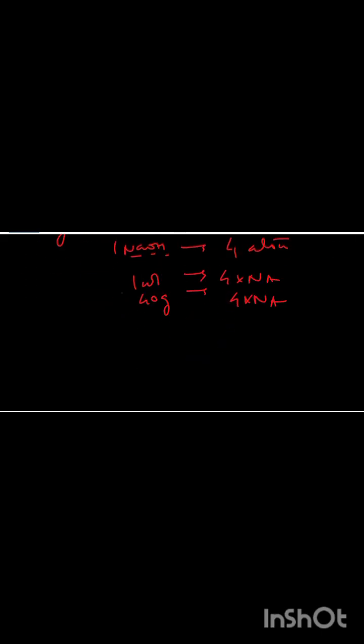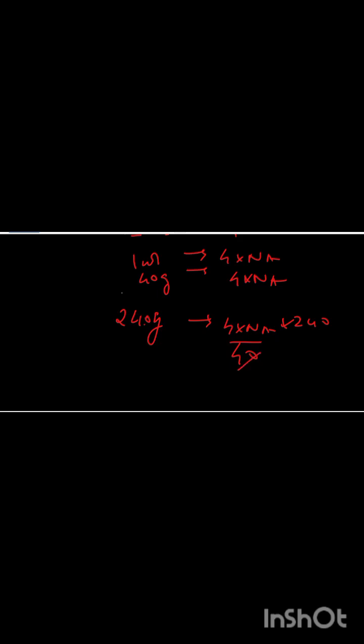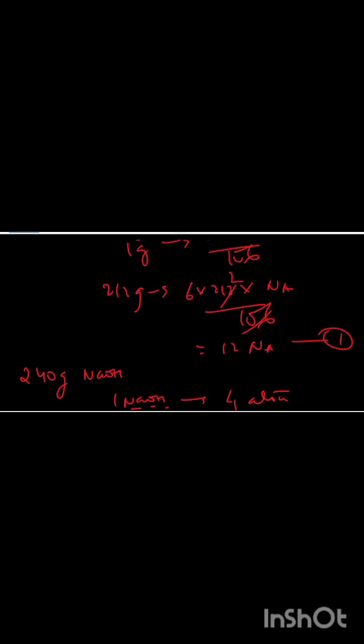So 4 into Avogadro number by 40 for 1 gram, and the given mass is 240. That is 24 into Avogadro number, which doesn't match with A and B. So A and B don't match with C, so option 1 cannot be correct. Option 2 is the only correct one.